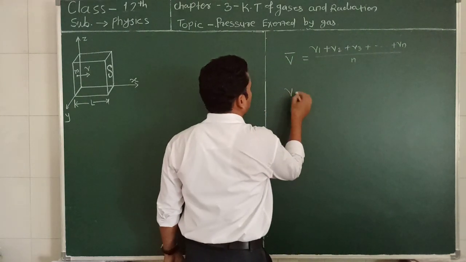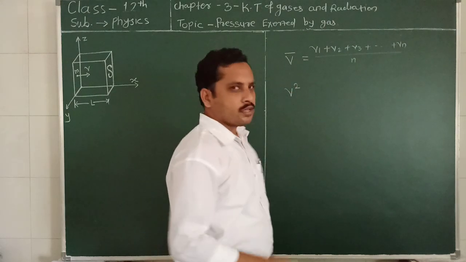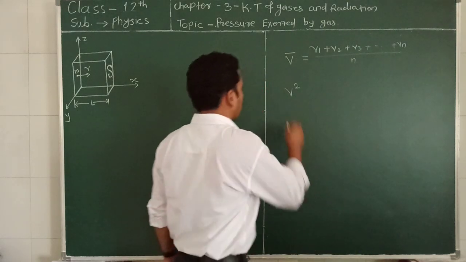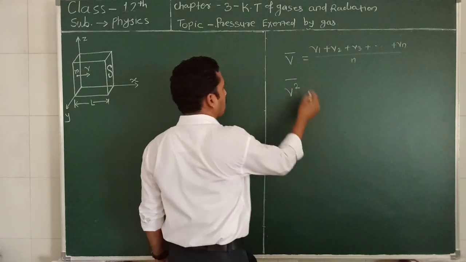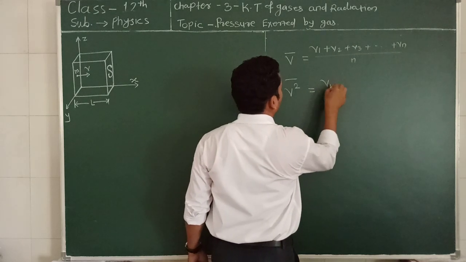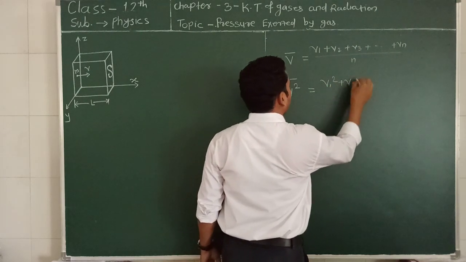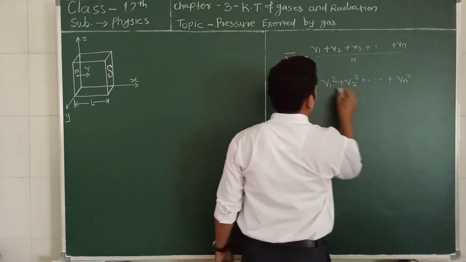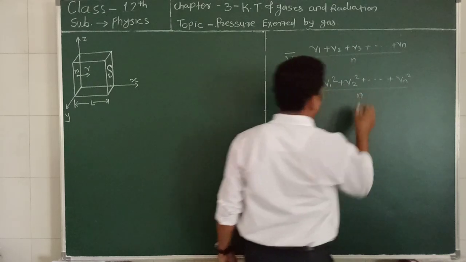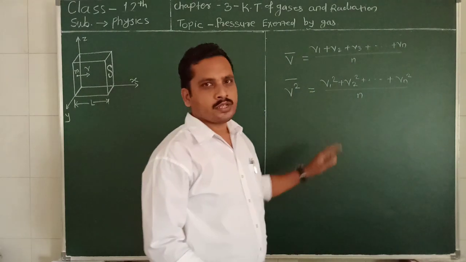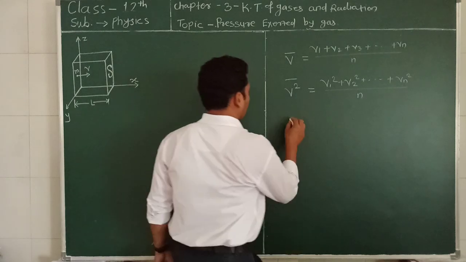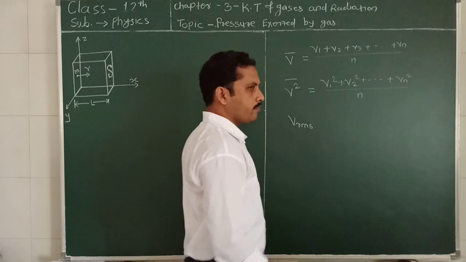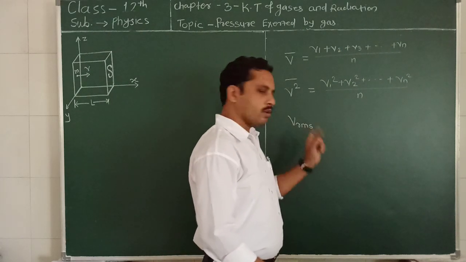Then we introduce a second quantity, the mean square velocity. It is the mean of the sum of the squares of the velocities: v square bar is equal to v1 square plus v2 square plus up to vn square, divided by n. And then we introduce V_RMS, the root mean square velocity.